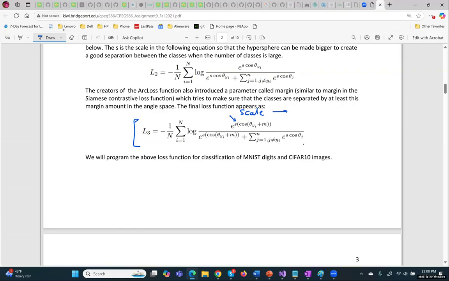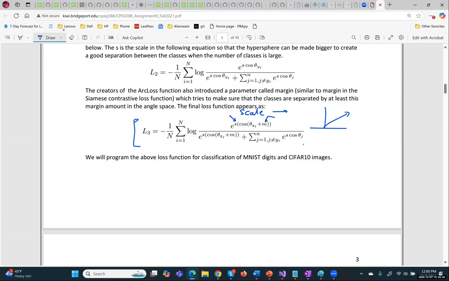And if you take a look at cosine of theta of yi, it is the angle it will produce for one category. yi is one of the categories, right? And plus m, what are we doing? For example, over here, let's say it produces this angle, right?